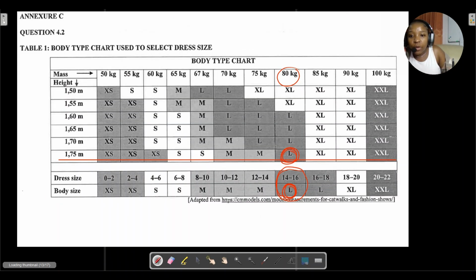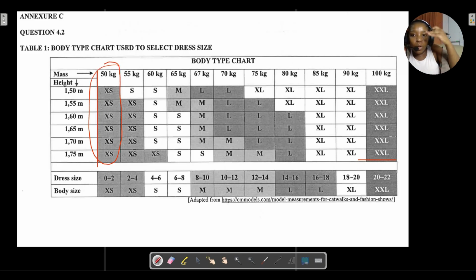We look at 50 kg there, and what do we see here? All of those rows have extra small. So the probability in this case will be 100%, or 6 out of 6.